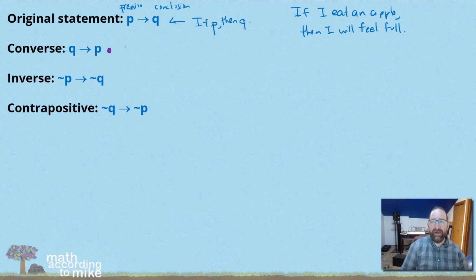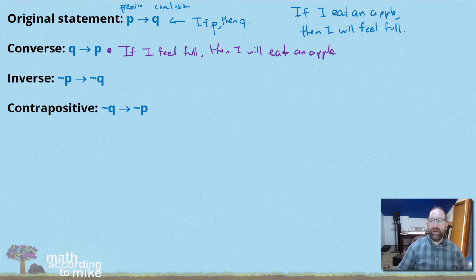The converse would say, if I feel full, then I will eat an apple. So what I should have said before is, in the original statement, I eat an apple is our P. I will feel full is our Q. So by switching the P and the Q, we've created the converse.